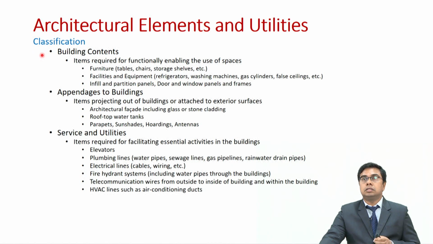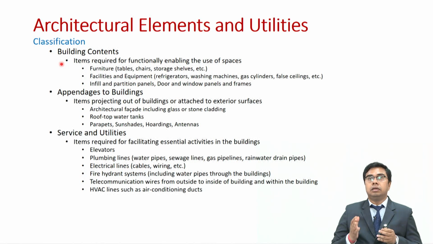In this case, the different architectural elements and utilities are classified as building contents, appendages to buildings, and services and utilities. The first category, building contents, includes items that are required for enabling the functionality or the use of a space.